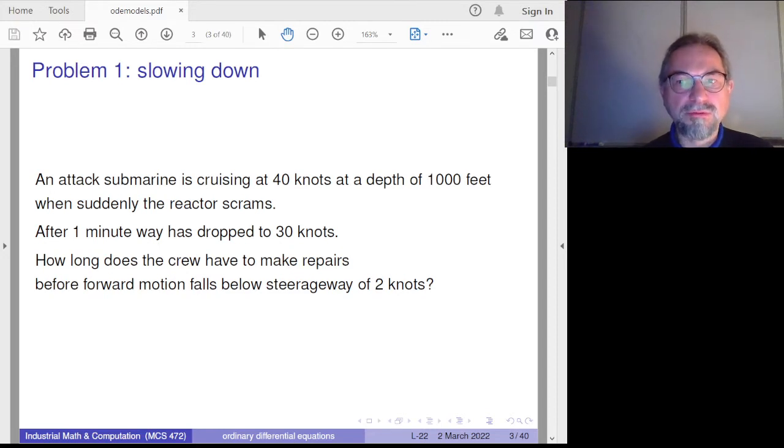Now, how long do we have to make repairs before the forward motion falls below 2 knots? So that's a pressing problem, and we probably need to solve this. This lecture will last more than 45 minutes, but we will have to come up with a very quick answer to that.